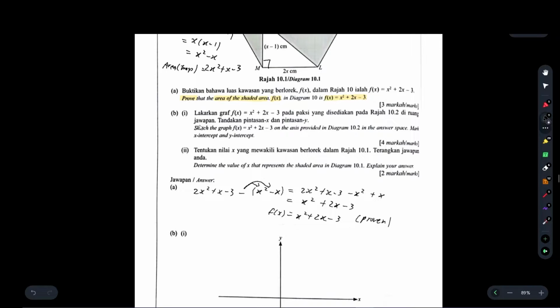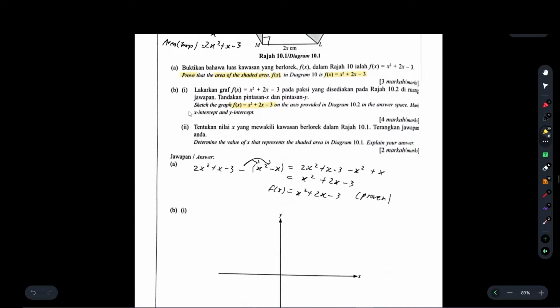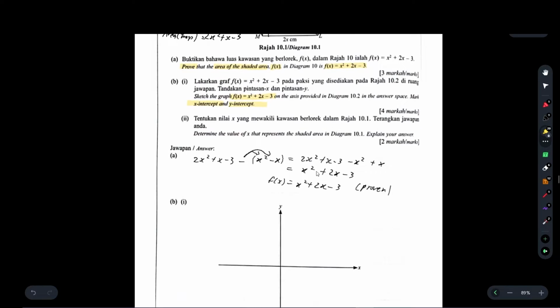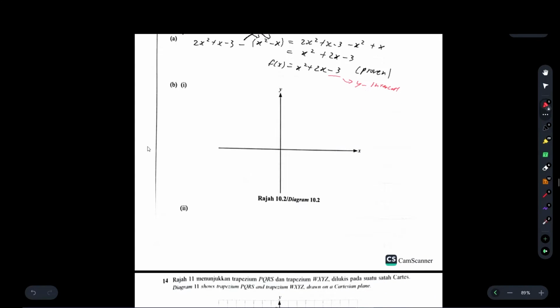Now we're going to sketch the graph of this function, and we're going to mark the x-intercept and y-intercept. Let's see what we have currently. We have the value c right here, which is the y-intercept. So our y-intercept is (0, -3).